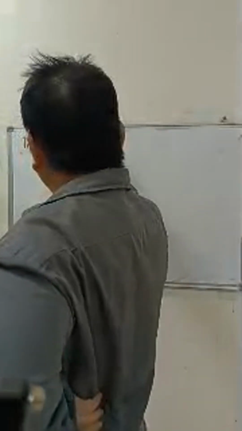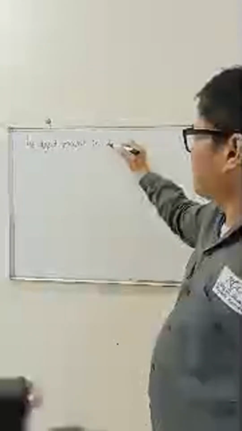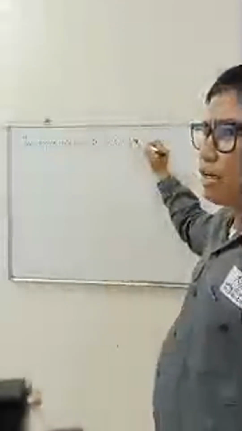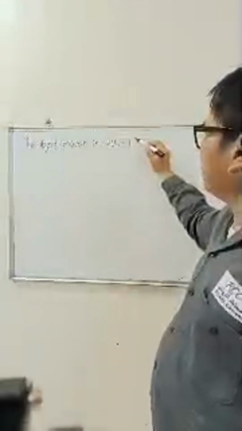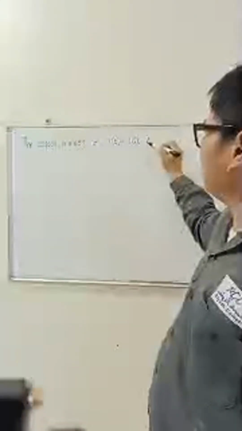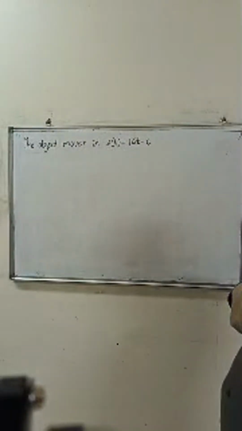Okay, so the object moves, for example, at an acceleration function of t equal to, let's say, 16t minus 6.